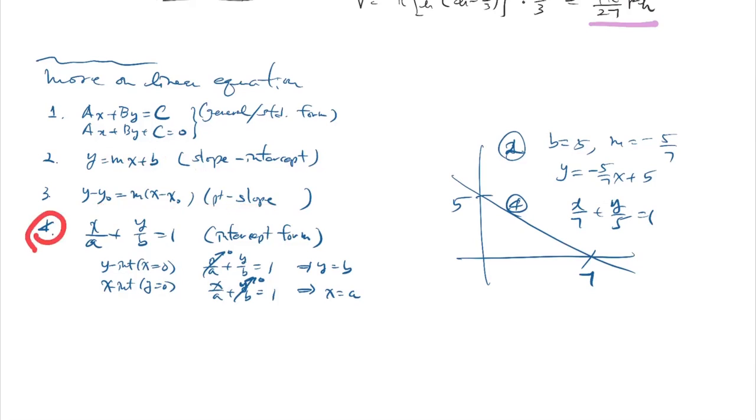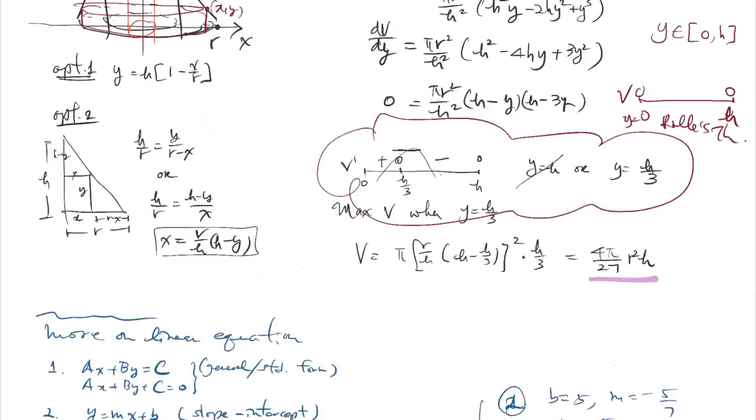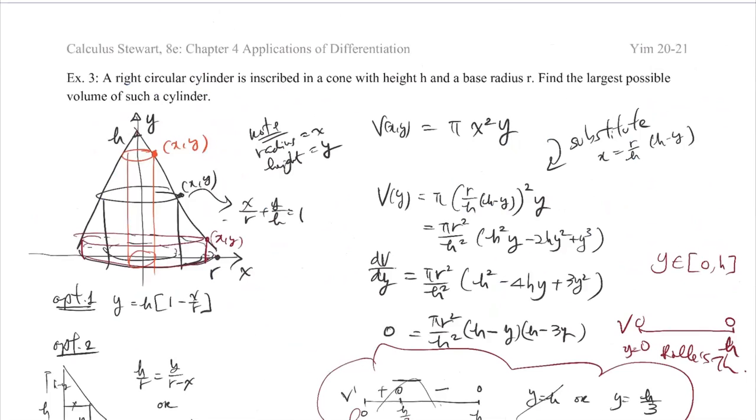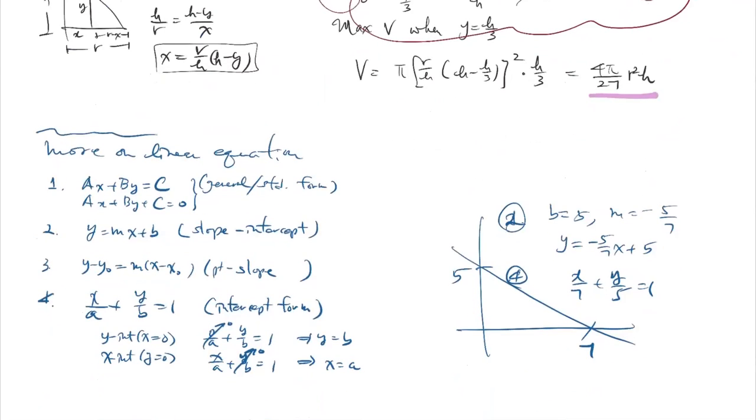This right here, if you have intercept values, which we do in this case, right? Our intercept value, the cone over here, is r on the x-axis, and the y-axis is the height, right? When you have that kind of shape, x over a plus y over b is equal to 1 is called intercept form.